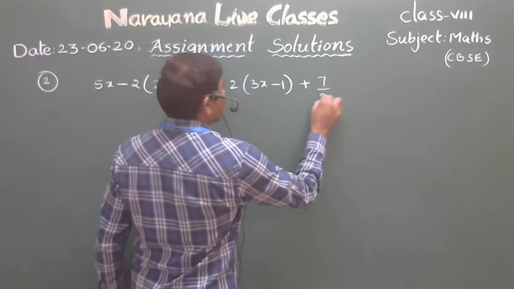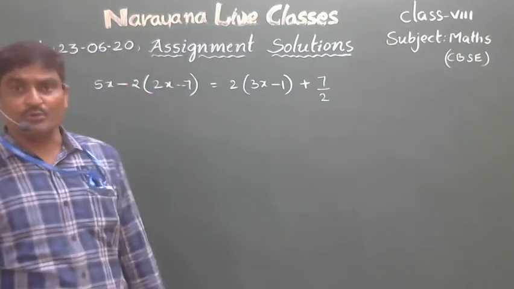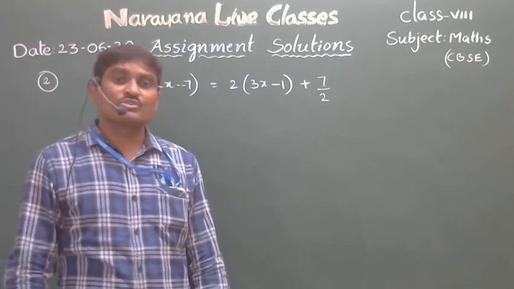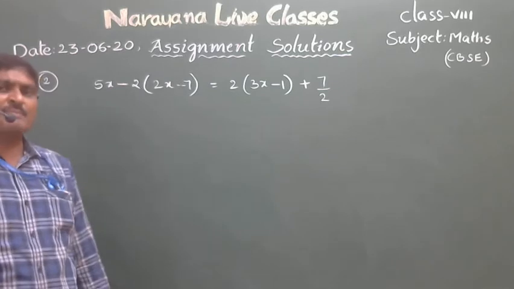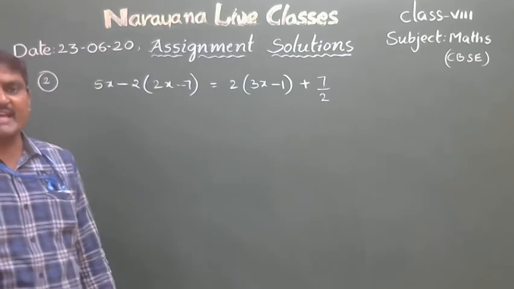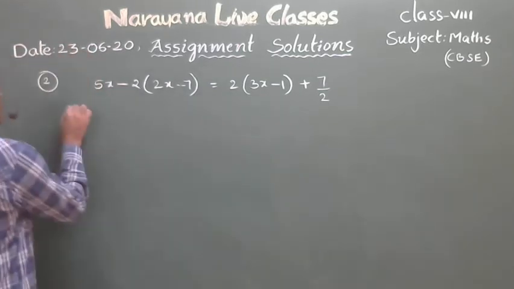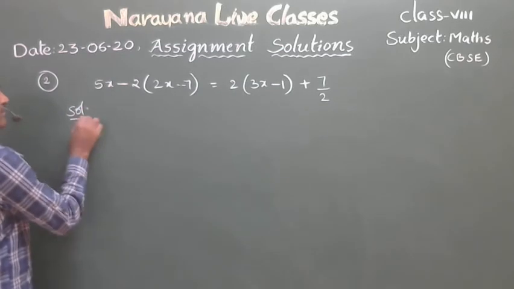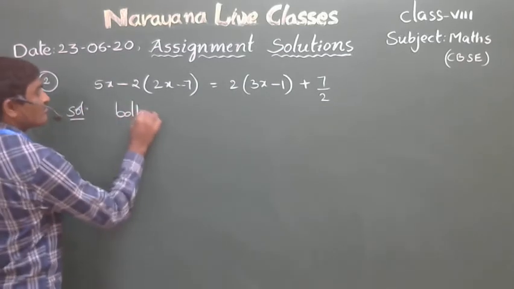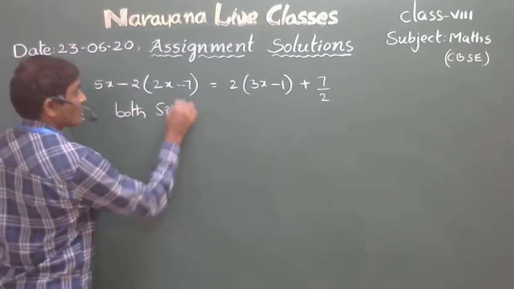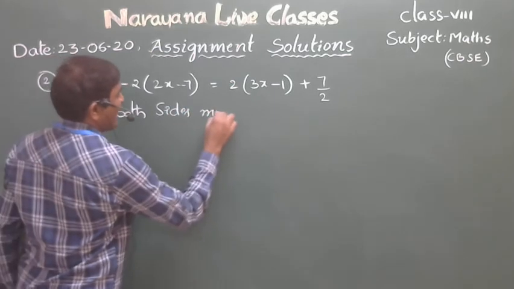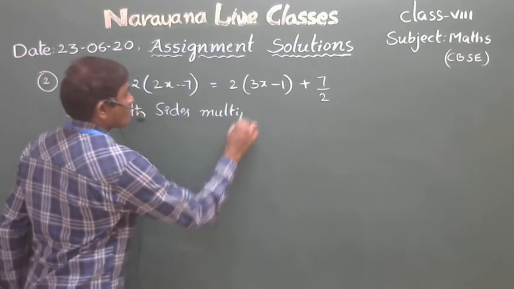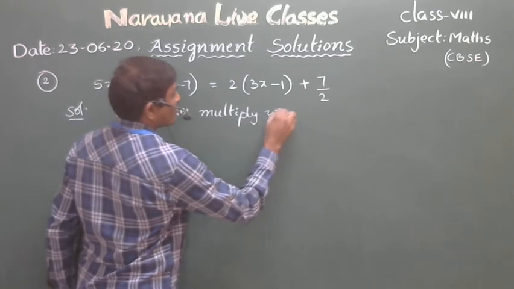Here only one fraction is there, that is 7 by 2. Its denominator is 2. So to eliminate this denominator it is better to multiply both sides with 2. In the solution part, multiply both sides with 2.